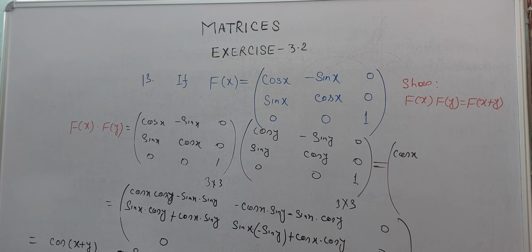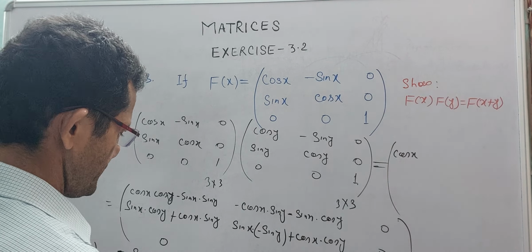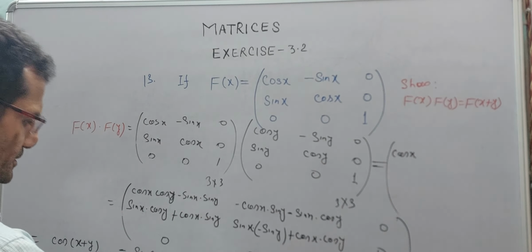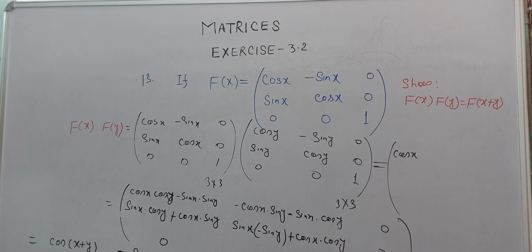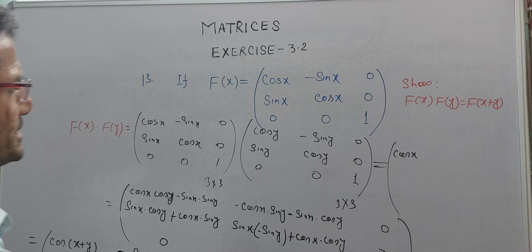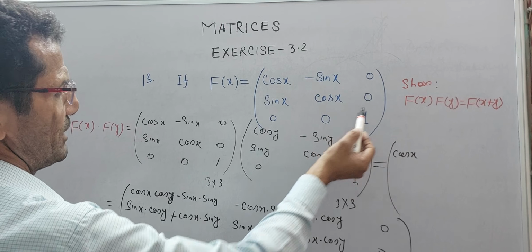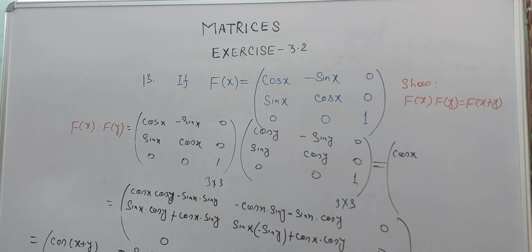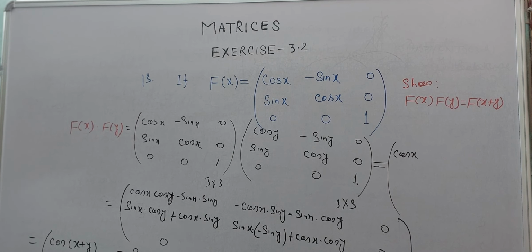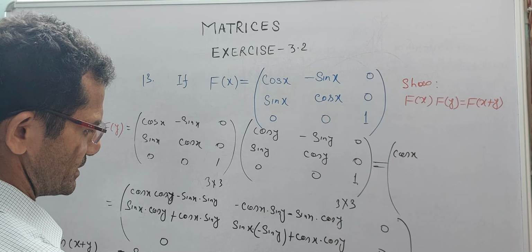So now it becomes cos a plus b, and the last entry is 0, and this is 0, 0, 0. Now this is the third row's entry, 0, 0 and 1. So by this definition, if f x has these entries, and in the same way if you compare this one, it will be f of x plus y.